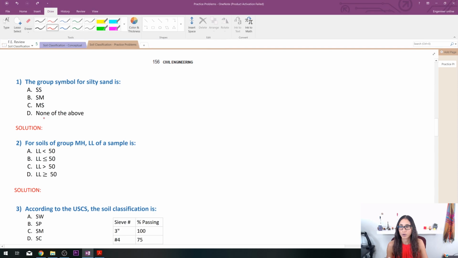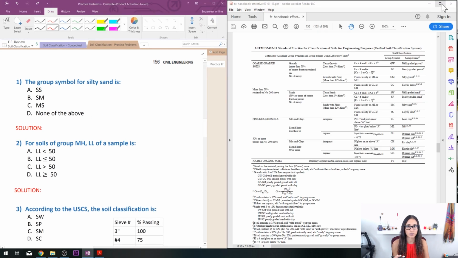Okay, so let's start with problem number 1. The group symbol for silty sand is SS, SM, MS, or none of the above. Let me grab the handbook. Here we go, this is the USCS table. Looking at the term silty sand, we mentioned earlier that silt stands for M, so already you know it's going to be either MS or SM.